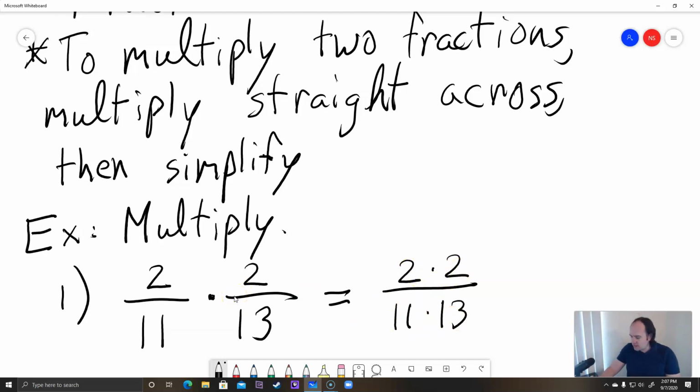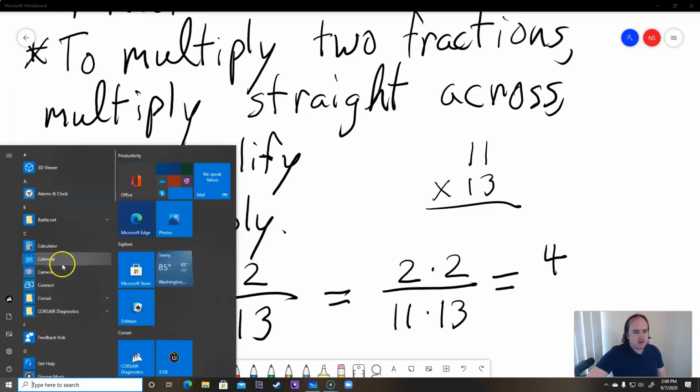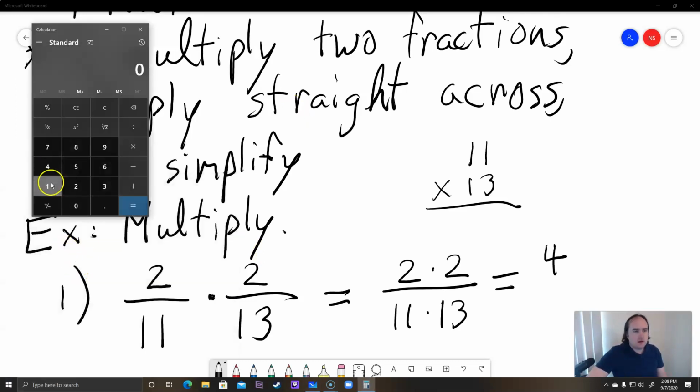On the top, we know that 2 times 2 is 4. And on the bottom, what's 11 times 13? Well, you can write it out vertically or use a calculator, which would be easier since it's not in your times tables.